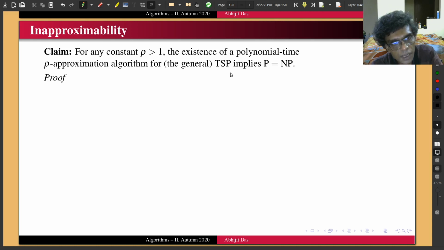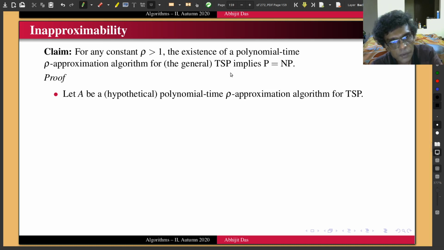I suppose that there exists a hypothetical polynomial time algorithm A, which is a rho approximation algorithm for the general traveling salesperson problem. Okay. Using this hypothetical algorithm A, I can solve the Hamiltonian cycle problem in a graph G in polynomial time as follows.